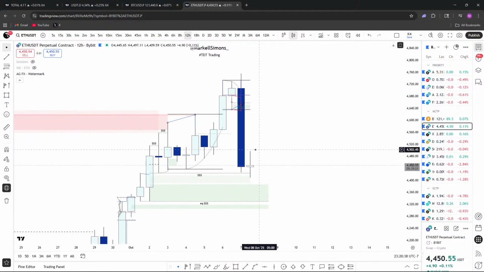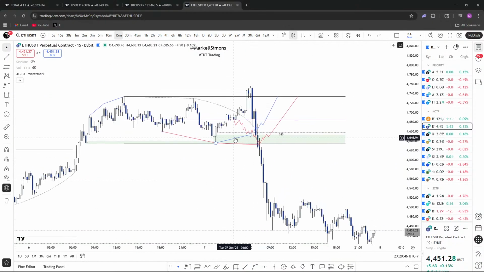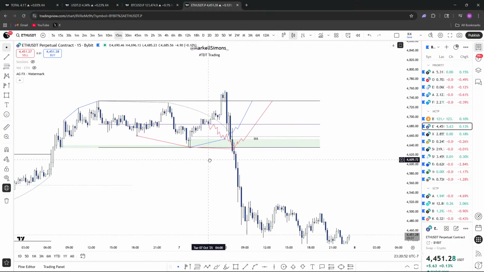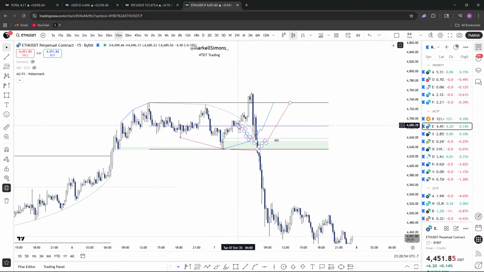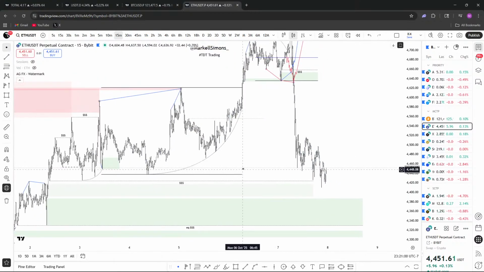Okay, I need to delete all of this though, because I was looking at this as a potential distribution schematic. Yesterday I pre-planned a potential accumulation schematic if we ended up coming into this demand POI for potential model 2 or model 1 accumulation schematic. We ended up taking out the range high and then having a full rotation lower towards this technical target.